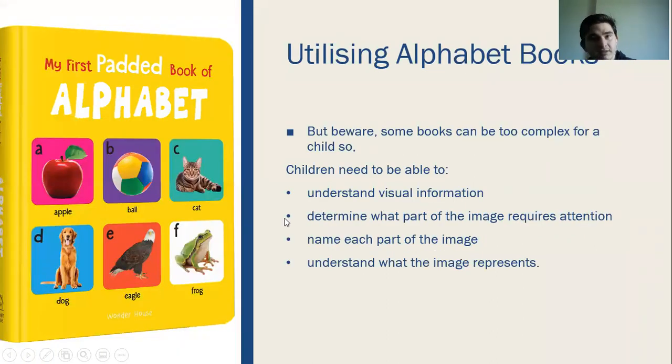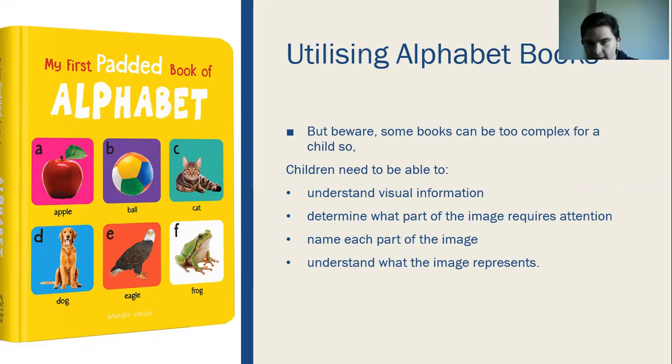Alphabet books, for some children, sorry, can be very complex. So in order to use a correct or a simpler, more appropriate alphabet book, the alphabet book should be visually clear. It should point you in the direction of what they're trying to teach you.